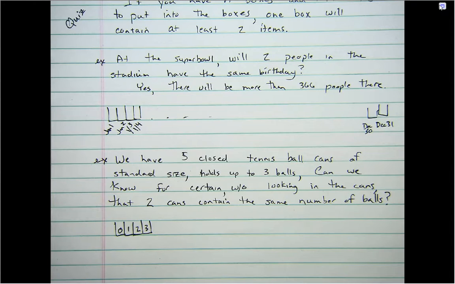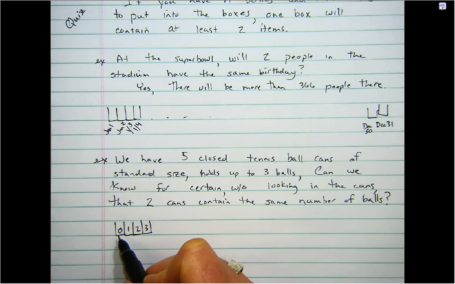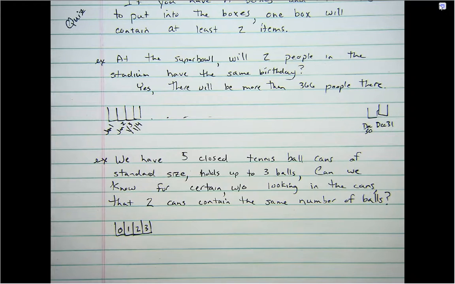So it might be that all the cans are empty, and then all the cans would go in the first room. But there's no way 5 cans can each have their own room when there's only 4 rooms available. Only 4 options available. Anybody have any questions on that?